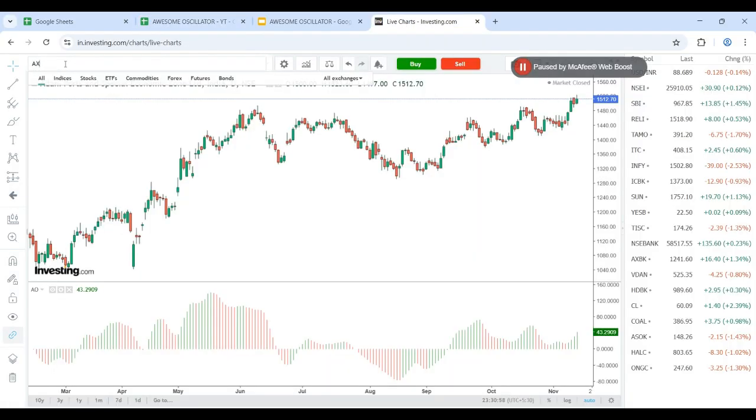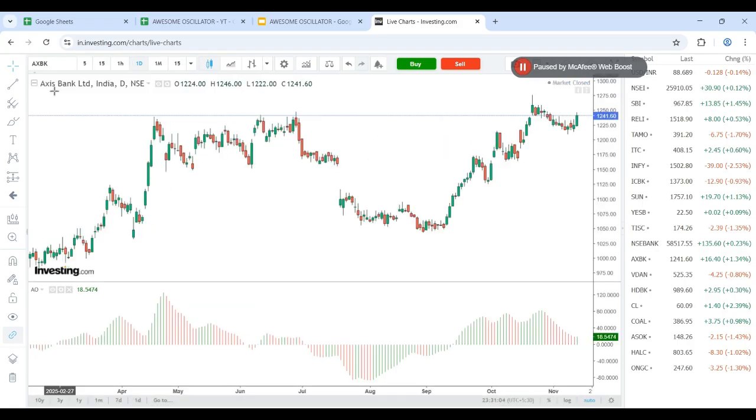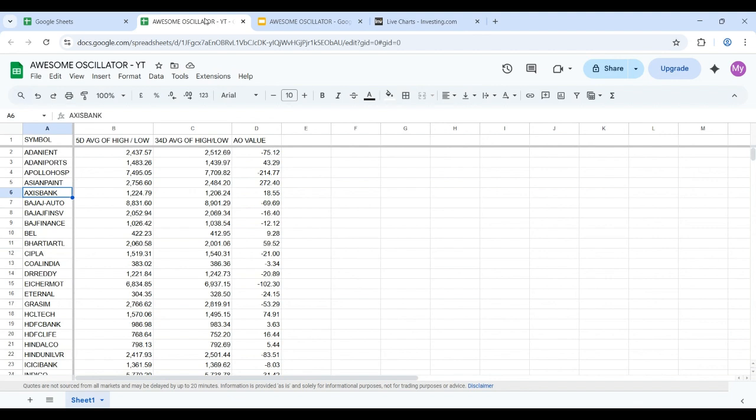Just cross checking whether the formula is giving correct values. Here 18.5474. Here 18.55.